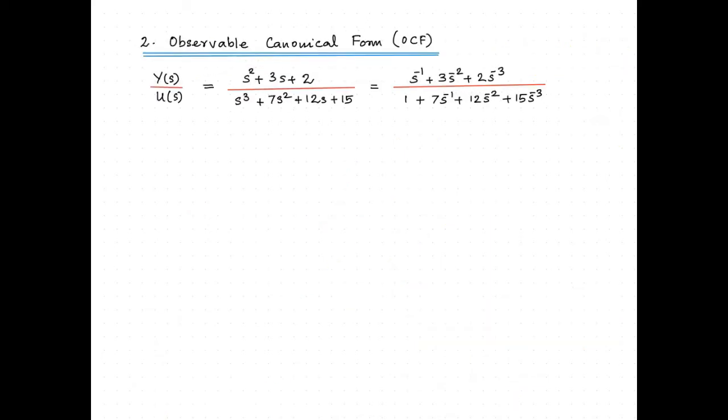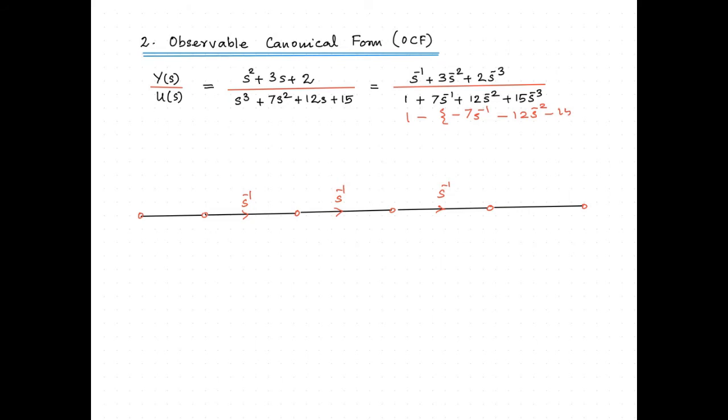Now moving to the observable canonical form. The same idea can be used as discussed before, and here what we do is, we find that there are 3 paths and 3 loops. This should be written in the standard form, 1 minus of minus 7s raised to minus 1, minus 12s raised to minus 2, minus 15s raised to minus 3, because it is 1 minus the sum of loops in the equation for Mason's gain formula.